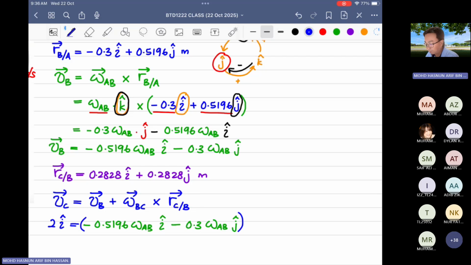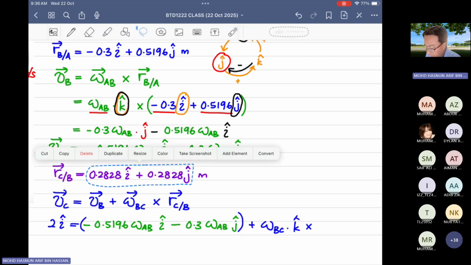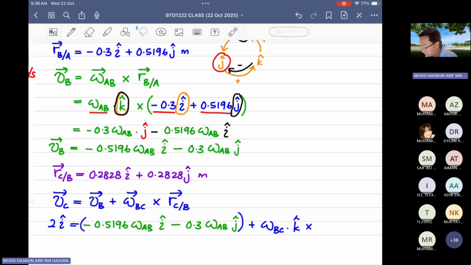Then plus omega BC, which is also unknown. So we write down omega BC times k, k is the unit vector for rotation, and then cross product R C/B. R C/B we have calculated up here, so we can just copy this and paste it here.